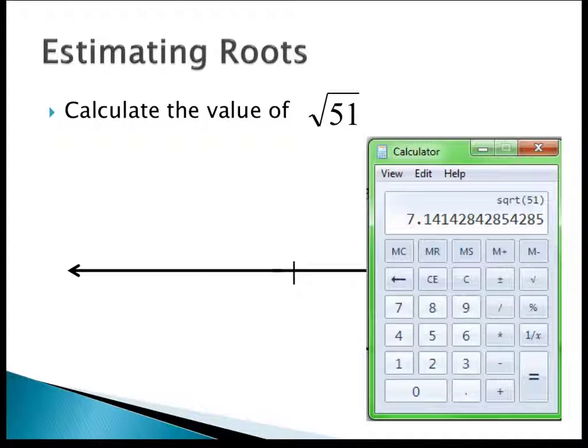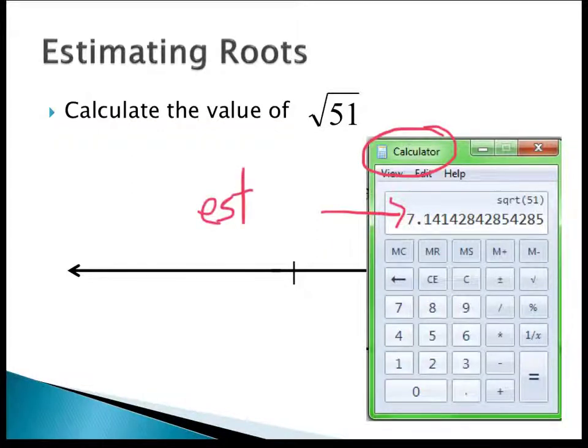There is one other way of estimating roots, though. You have something in your possession called a calculator, and you can calculate the value of things such as the square root of 51. Here we've already taken the time to type that in, and we get 7.14142842854285. And you think, well, that's pretty good. That's a nice estimate. But as it turns out, that is an estimate as well.